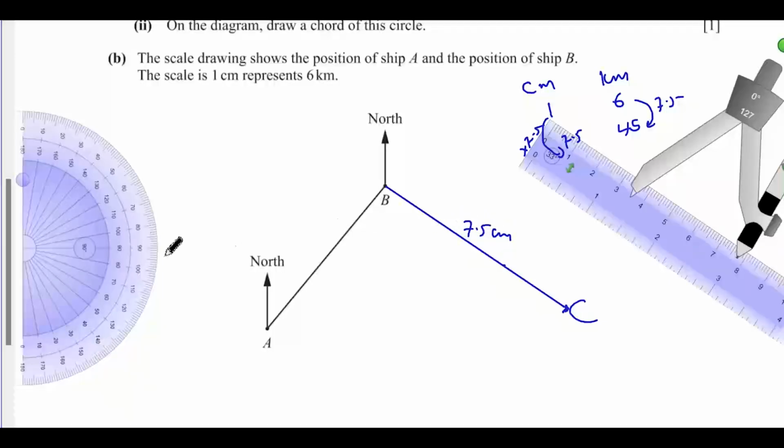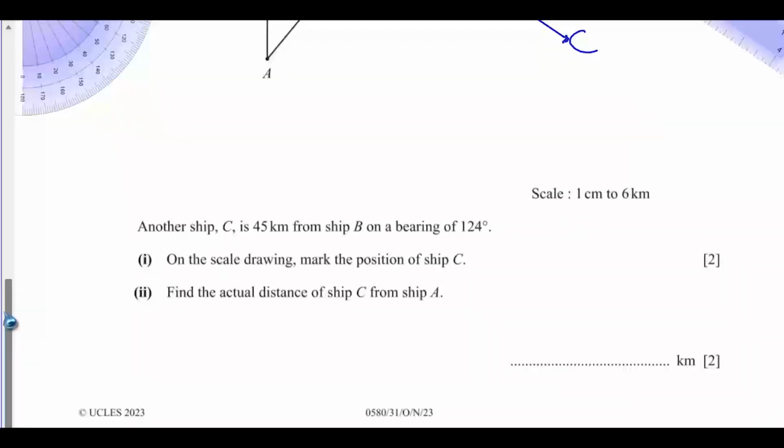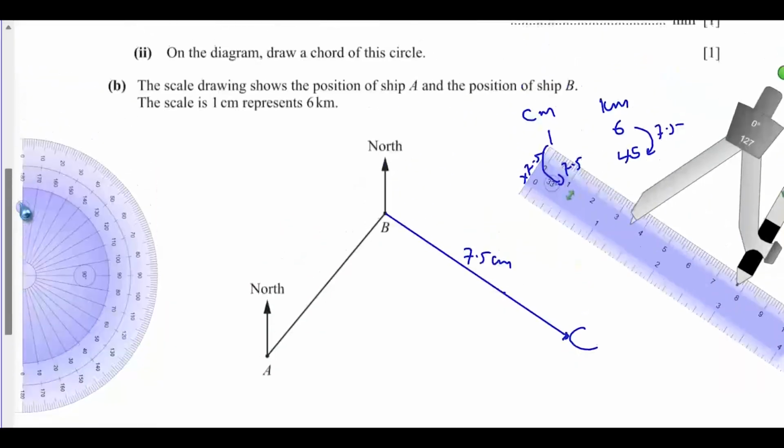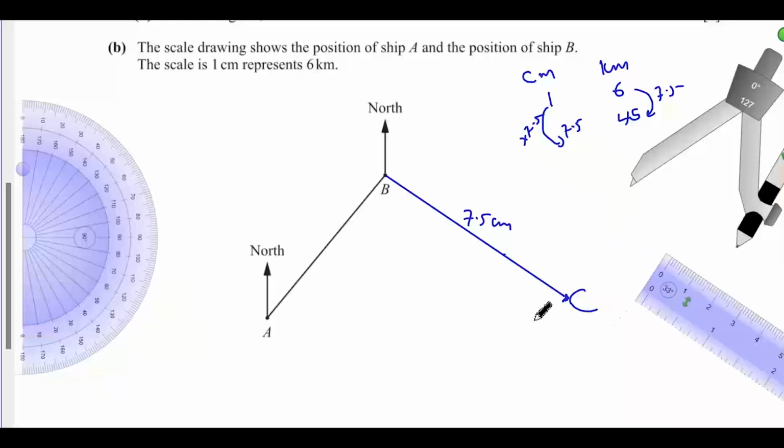Then we go to Roman figure 2, find the actual distance of shape C from shape A. Before we can get to the actual length, we need to get the scale length, the value on the scale.